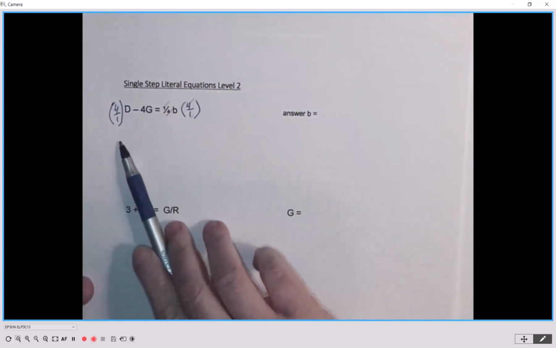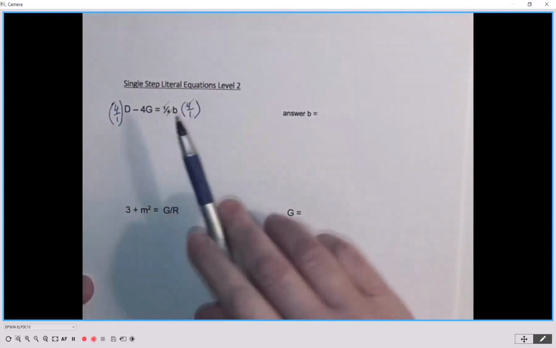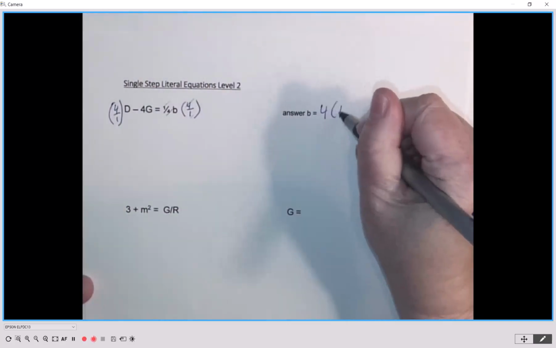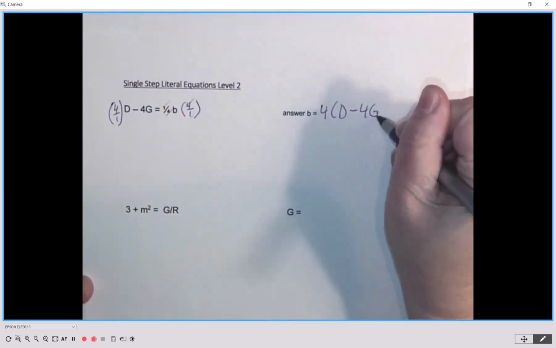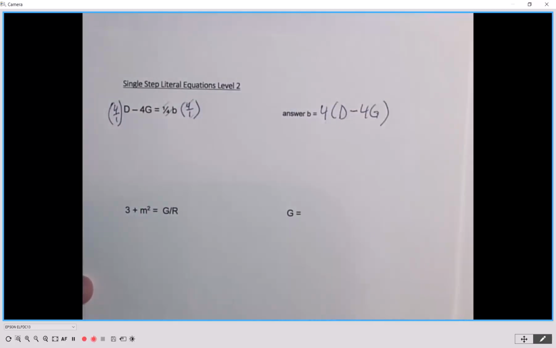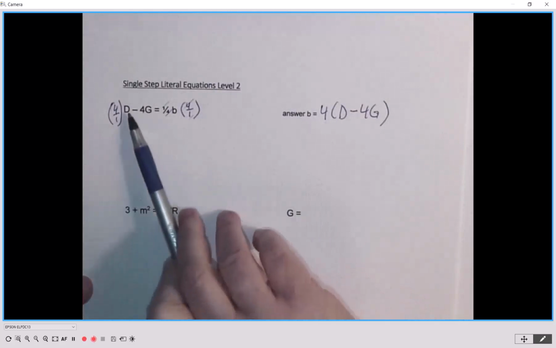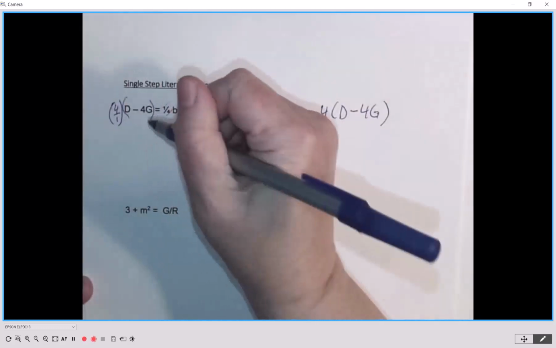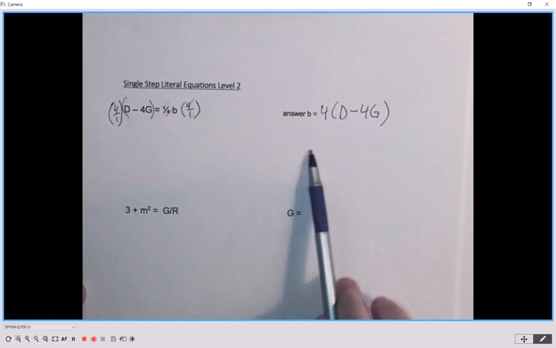But when I do that, I am taking 4 times everything. So 4 times d minus 4g is my answer. All right, so 4 times everything that's in here is what I'm saying I need to do.